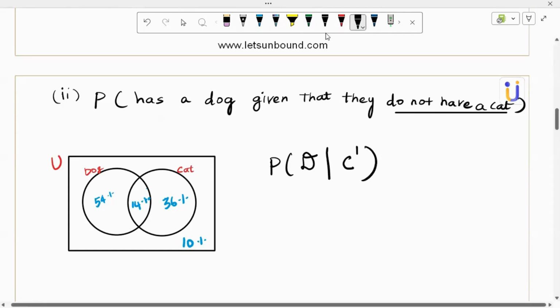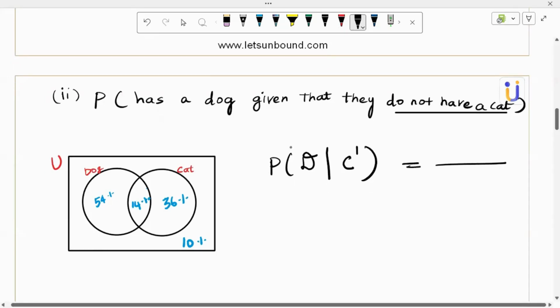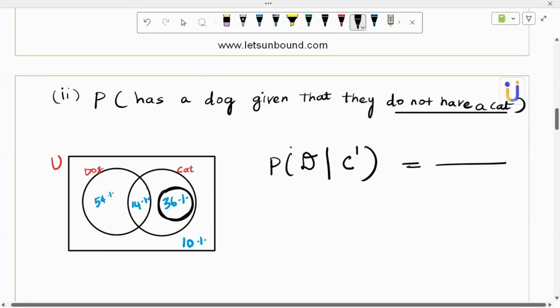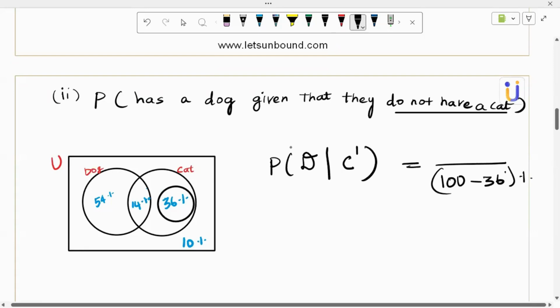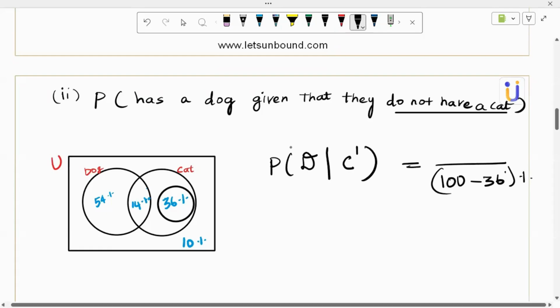So the conditional probability formula goes like this. What is given? The given group is those who do not have a cat. 36% have a cat, so those who do not have a cat is 100 minus 36%. Then from these people, I'm going to pick who has a dog.